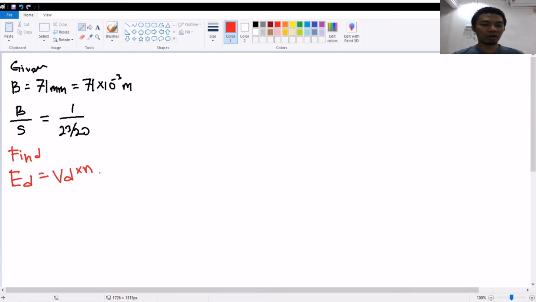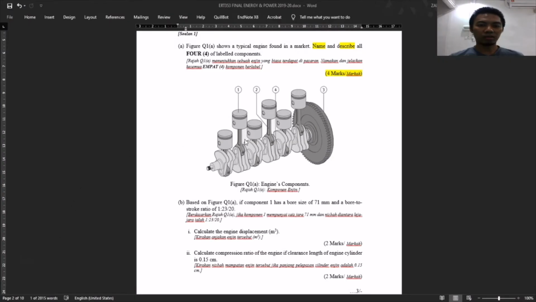See there how many pistons you have: 1, 2, 3, 4, 5, 6. You have 6 pistons, so you have 6 cylinders.